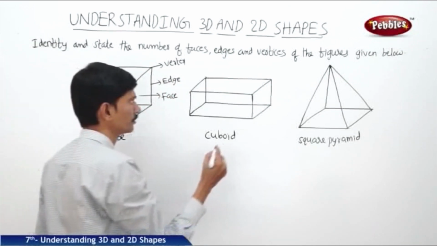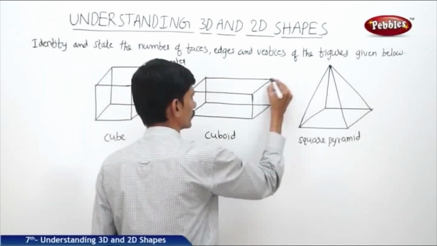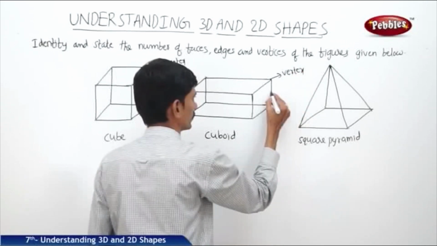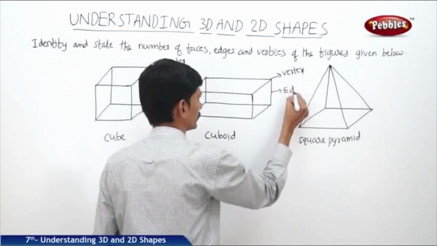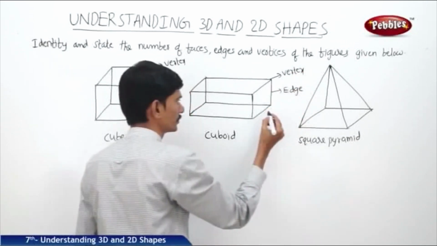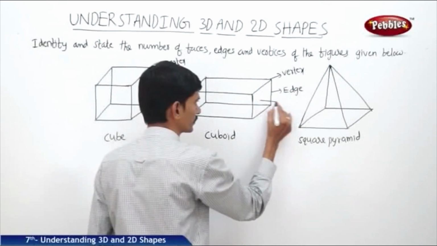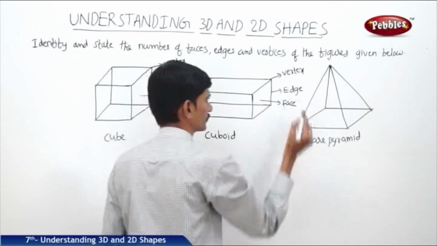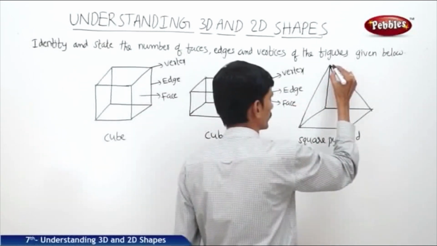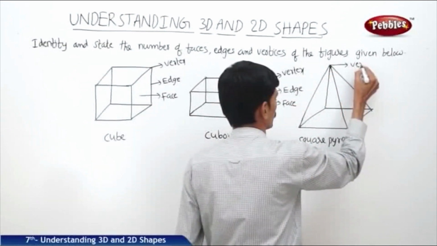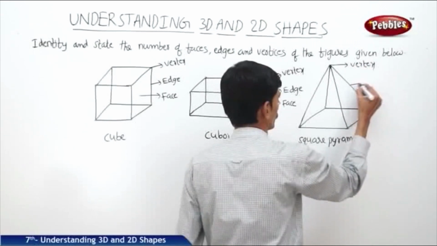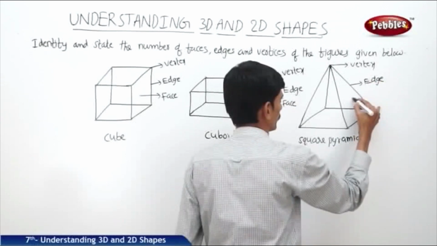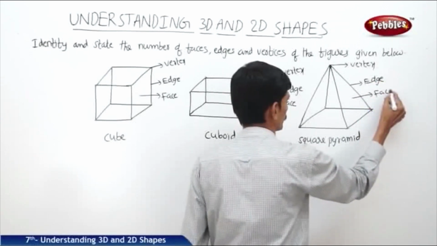Now if we consider the cuboid also, this corner is a vertex, this is an edge, the line segment, and this flat surface is called a face. So here also this is a vertex, edge, and this is a face.